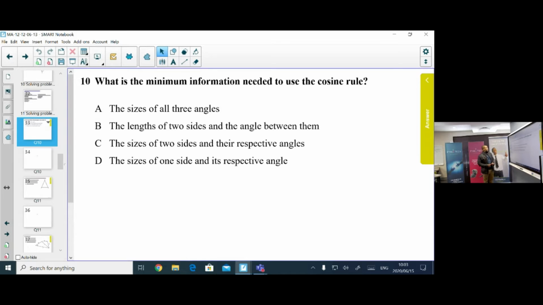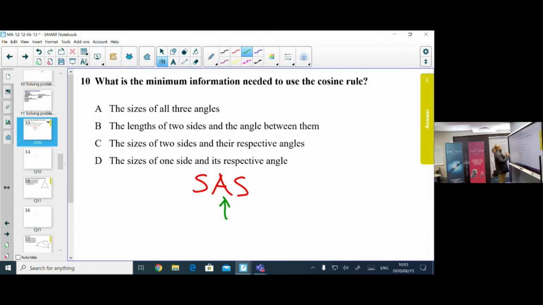Last week, we started to look into the cosine rule, and we mentioned that the cosine rule is more useful wherever you have a situation of side, angle, side, where the angle is an included angle between two given sides. So for a question like this, what is the minimum information needed to use the cosine rule? A: the size of all three angles. B: the lengths of two sides and the angle between them.